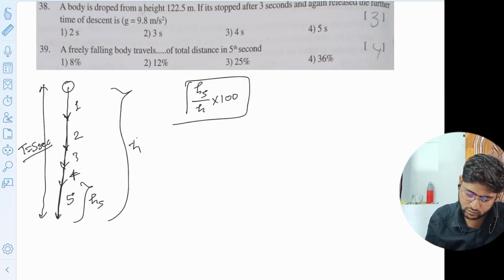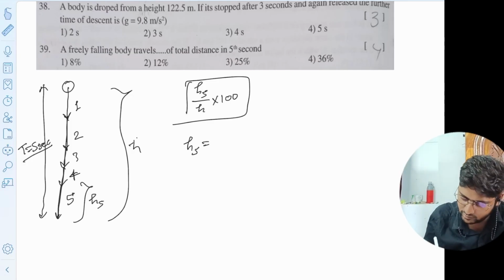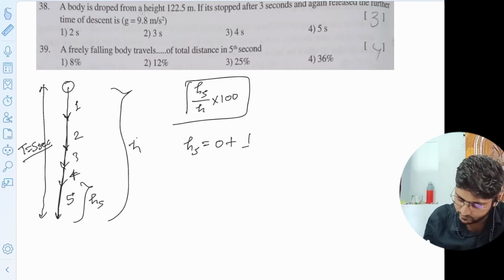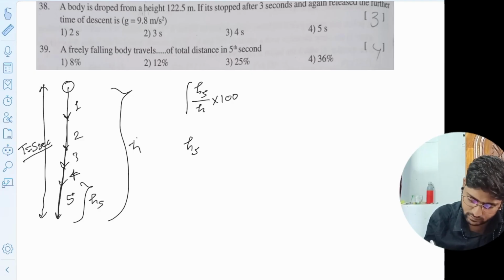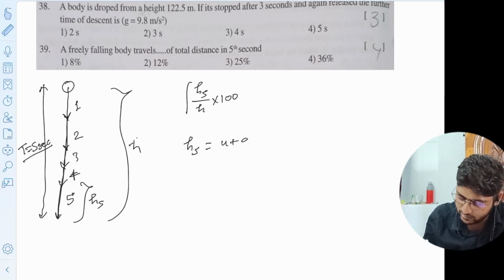So we have one formula to calculate the distance in the nth second. h5 equals u plus a, where a is g into (2n minus 1) by 2. n is the fifth second.